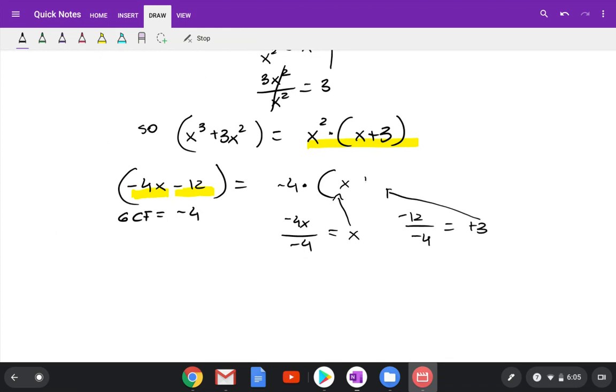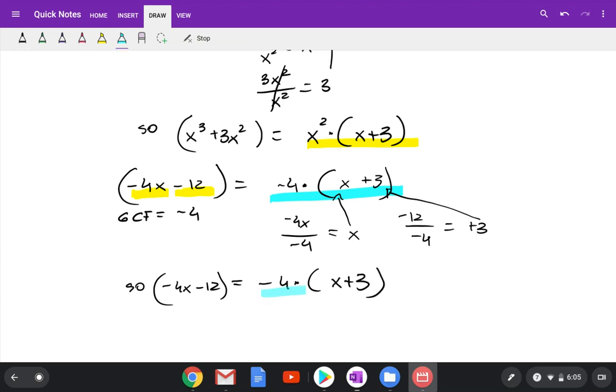So in the parenthesis, you have plus 3. Okay, so we're going to keep it. So negative 4x minus 12 is the same as negative 4 times x plus 3. Okay, so we factor out GCF. Okay, and we're going to save those two.